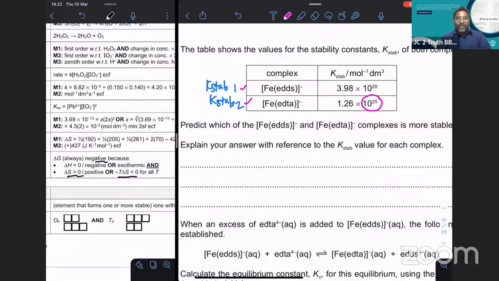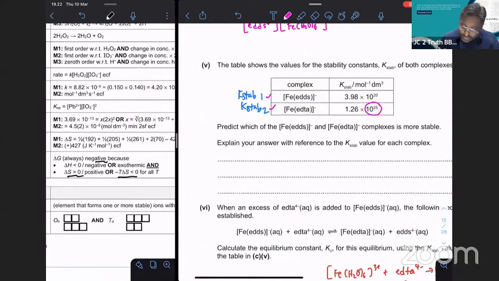So which one is more stable? We can say that FeEDTA is more stable. Explain your answer with reference to K step. You can say that K step 2 is more than K step 1. So you explain properly.